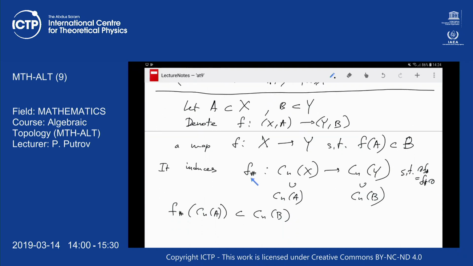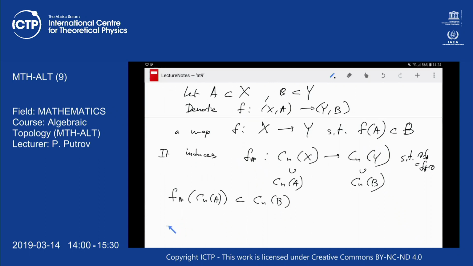So we can restrict F on these subgroups, and we can also consider the induced map on the quotient, which we will denote by the same symbol, F sharp.